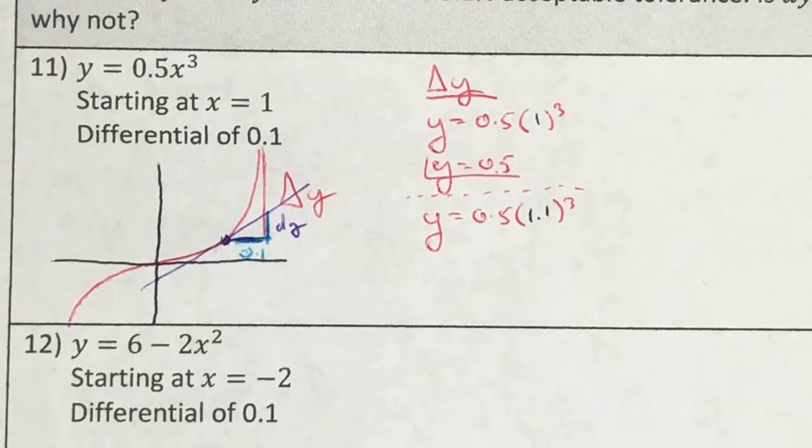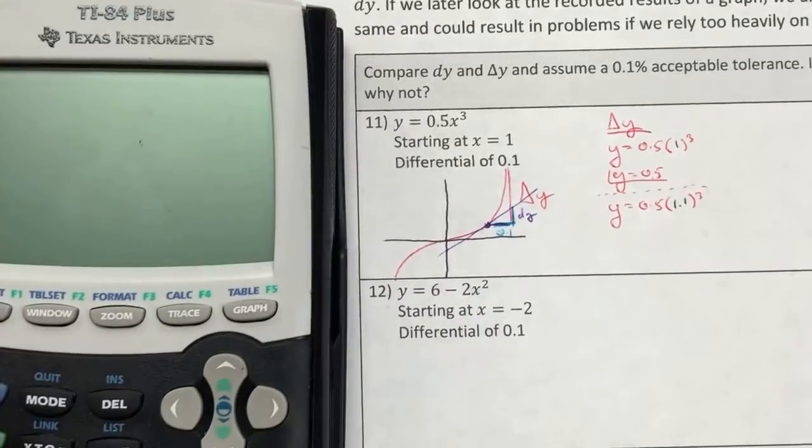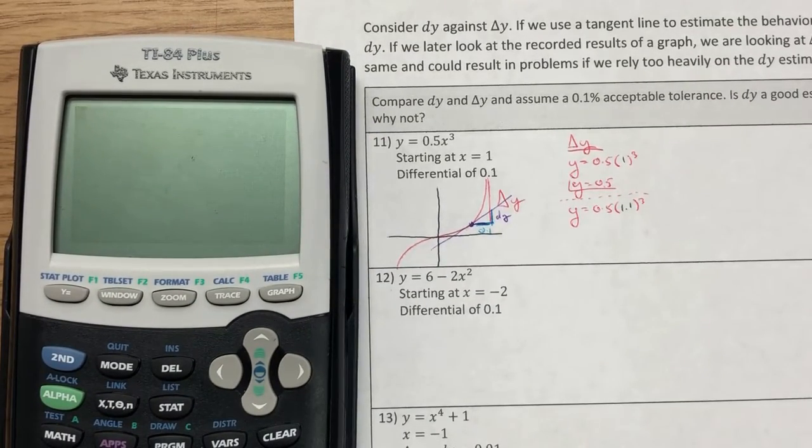Okay, and now for this one, I'm not going to be able to do this in my head. I'm going to need to go ahead and take out my calculator. Okay, so I'm going to say 0.5 times 1.1 raised to the third power.